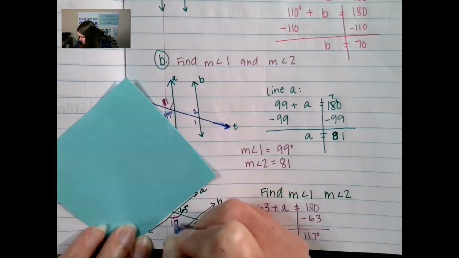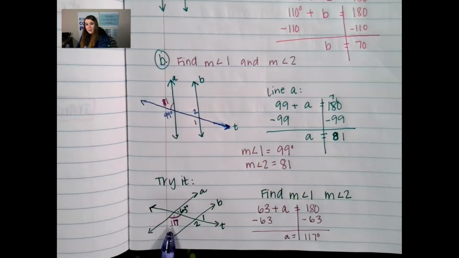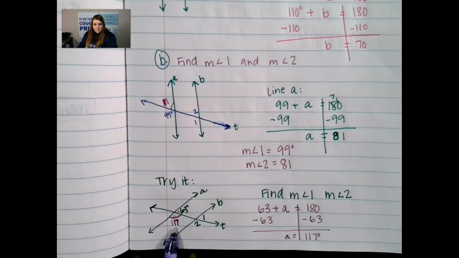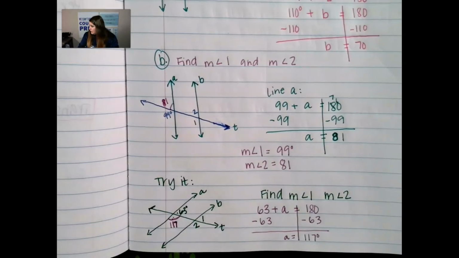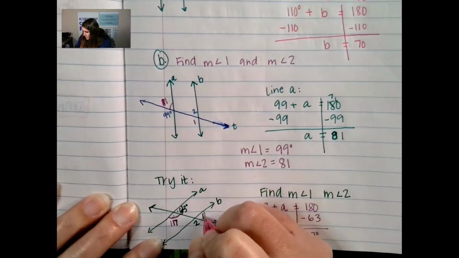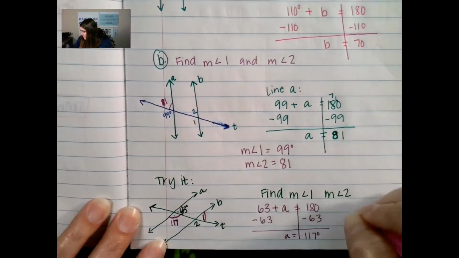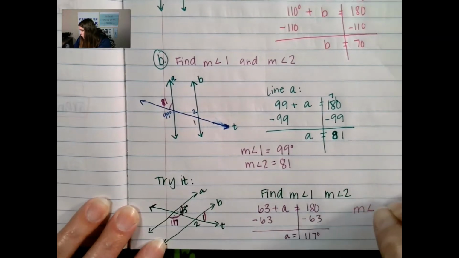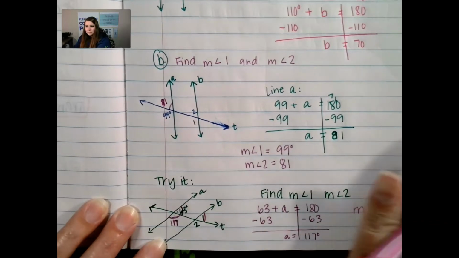So this measurement equals 117 degrees. Okay, now I know corresponding angles are equal. If this angle here is 63, then this one is also 63. So the measure of angle 1 is 63 degrees.